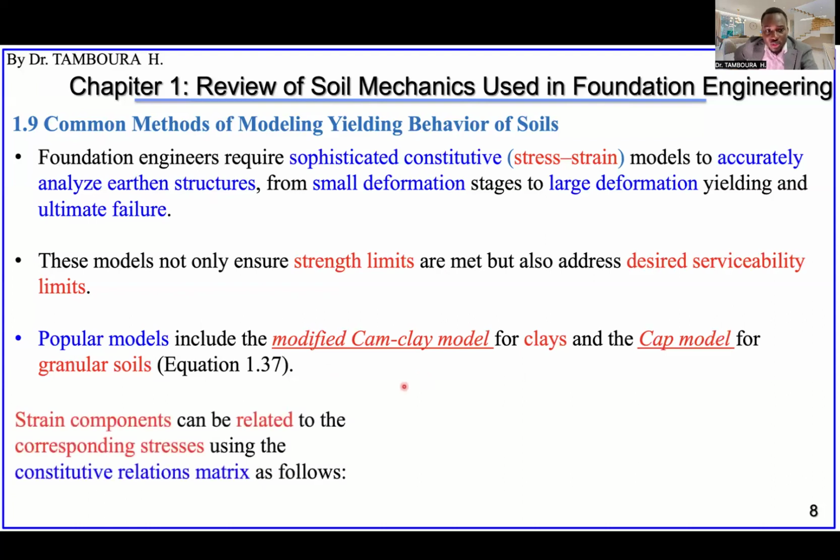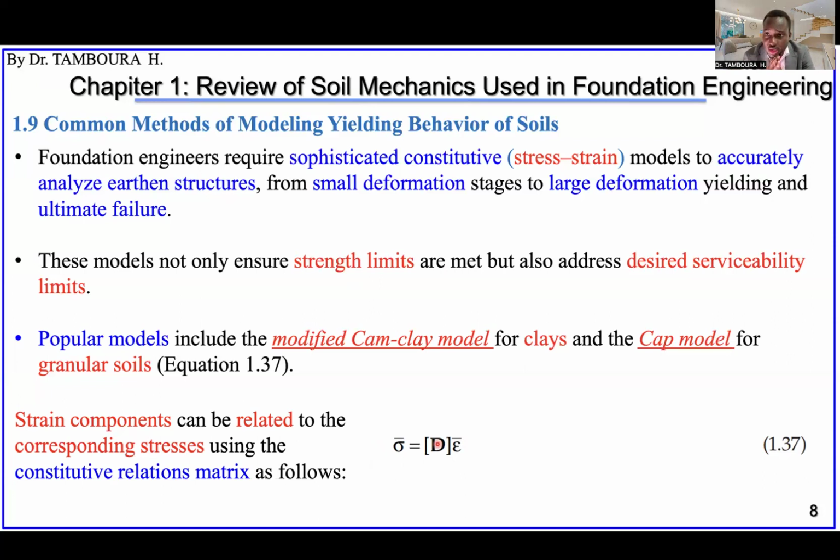Anyway, strain components can be related to the corresponding stress. We have talked about this before, using the constitutive relation matrix. This equation we have seen before in the previous video. Please check. You have stress here and you have strain here. This constitutive relation matrix is what makes the difference between the models.